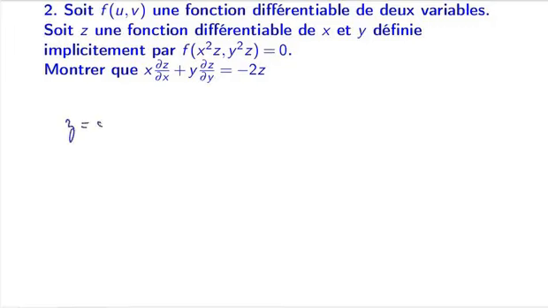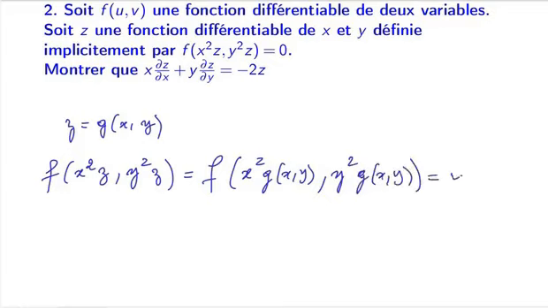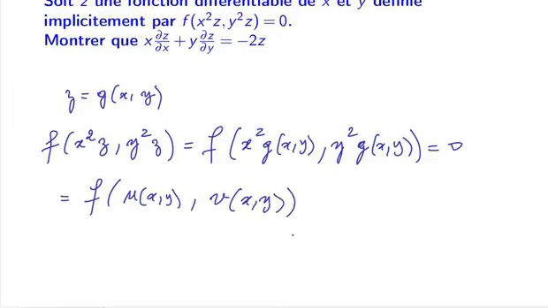We can set z equal to g of x, y, and the relation that implicitly defines z becomes phi of x over g of x, y, y over g of x, y equals 0, which we can write in the form phi of a function that depends on x and y, x over g of x, y, which we will call u of x, y, and another function v of x, y, y over g, which also depends only on x and y.